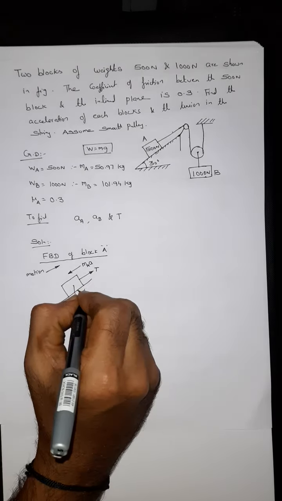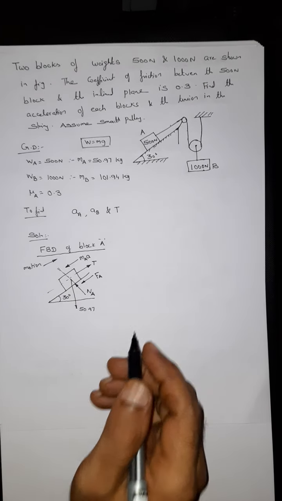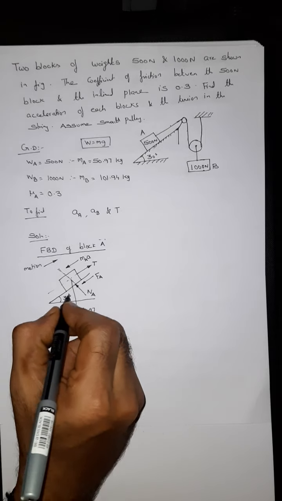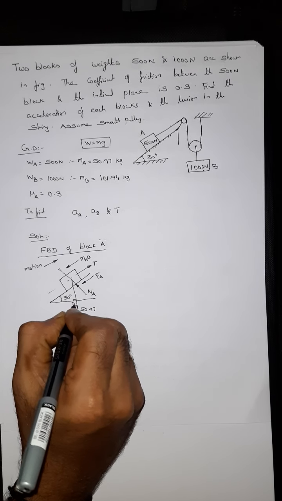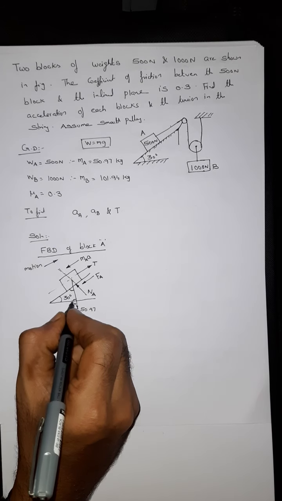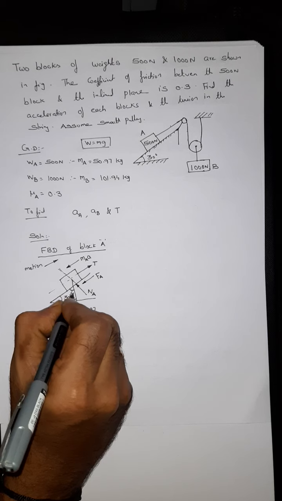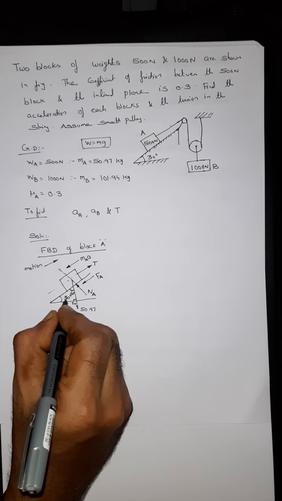So this is the x-axis and this is the y-axis, right? This is 90 degree. Therefore, the angle of this should be 60 degree, because the sum of internal angles of a triangle is 180, and 90 plus 30 minus 180 gives 60.